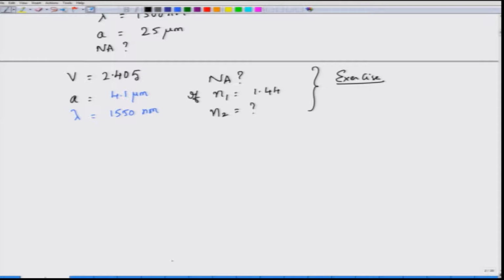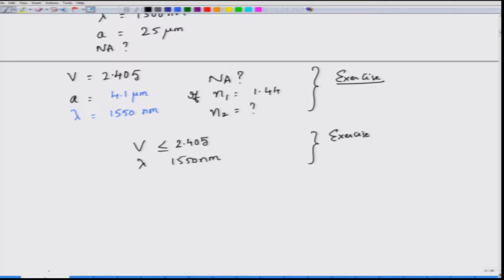Let us also give you one more exercise. Here you are going to design a single mode fiber, as opposed to the earlier problem where NA actually has a particular value because all the parameters are known to you. Let me say my only constraint is that V has to be less than or equal to 2.405, and lambda should be 1550 nanometer.